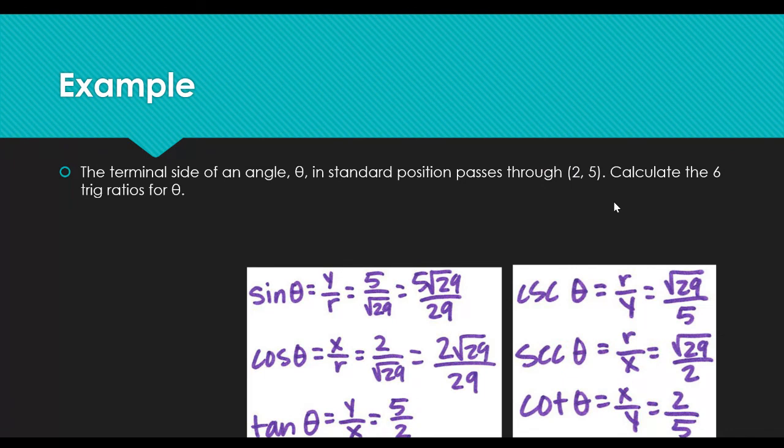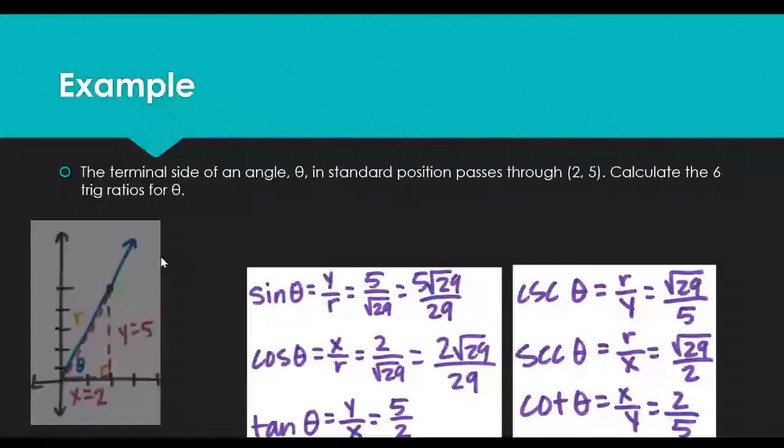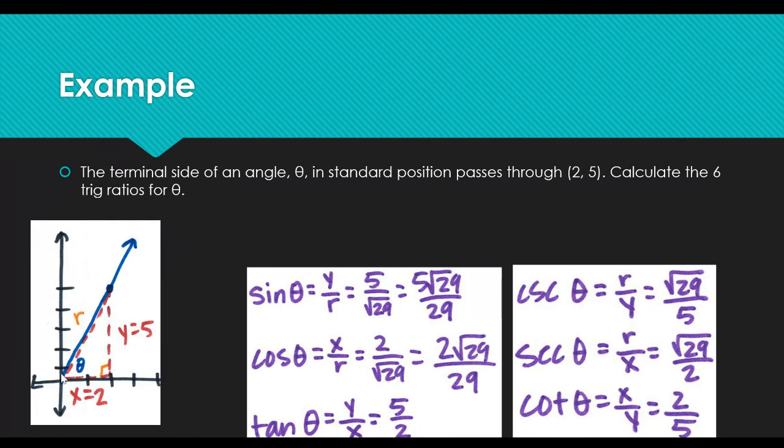Our example says the terminal side of an angle theta in standard position passes through (2, 5). Calculate the 6 trig ratios for theta. If you're a picture person, here's what that looks like as a picture. I've got this point (2, 5), so it's over 2, up 5.